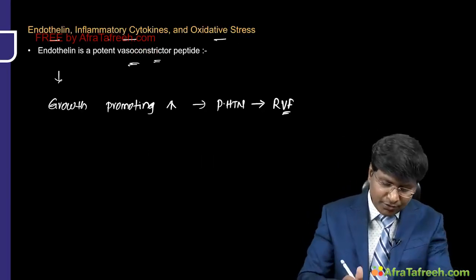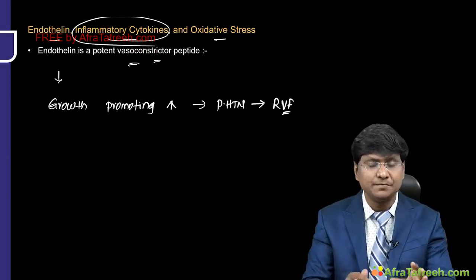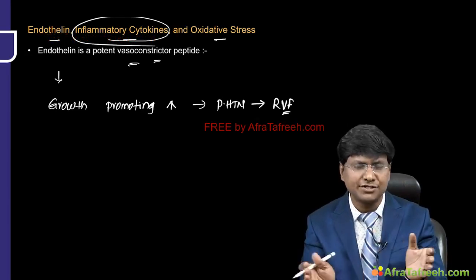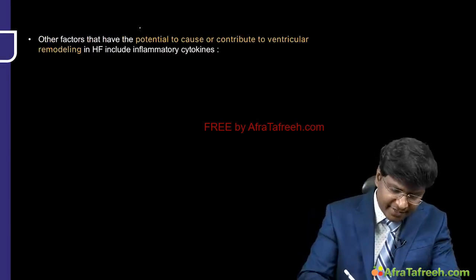Now, coming to the inflammatory mediators or inflammatory cytokines. I told you, a process of inflammation starts at the level of the myocardium because of the infarction or many other underlying etiologies. And what are these inflammatory mediators?